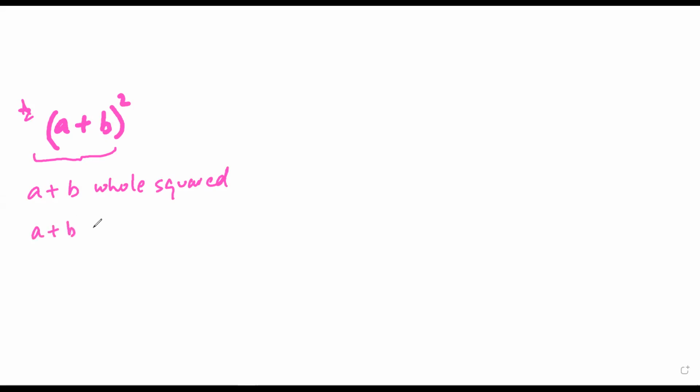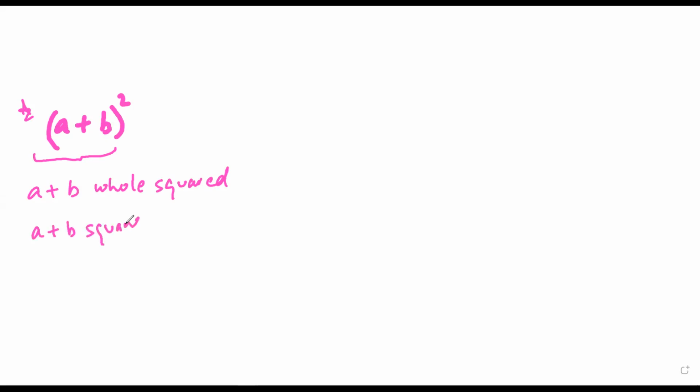So a plus b whole square. See, this is always read as a plus b whole squared. Mr. Sarthak, is it okay? Have you understood? Yes. Please don't read this as a plus b square.